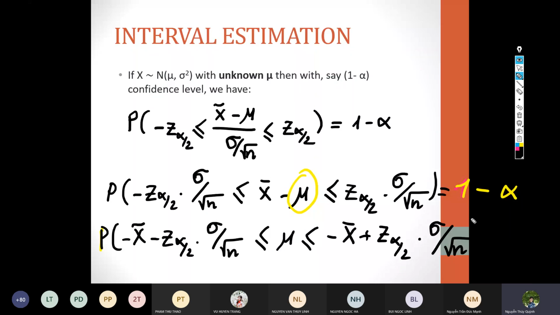This probability is equal to 1 minus alpha.